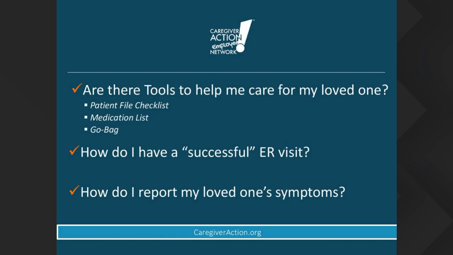But being prepared in those instances is really important. So we're going to talk a little bit about that. We're also going to cover how you as a caregiver can effectively talk to your loved one's doctor, including in those ER visits, and also touch on symptoms to monitor and how that may change throughout the course of it.